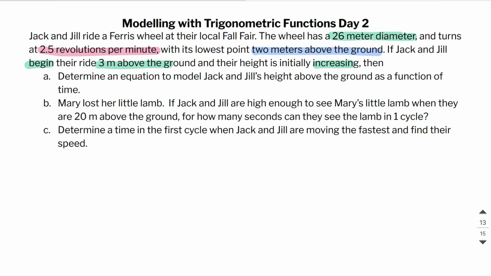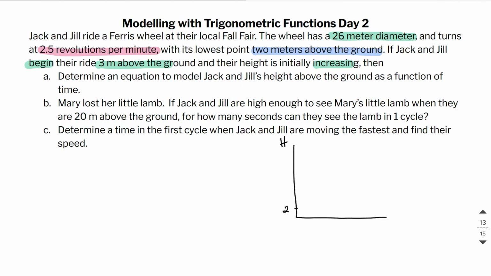So for starters, I just want to draw kind of like a rough sketch of what's happening here. So we know that the lowest point is going to be 2 meters above the ground. That's what this says right here. So if I were to look at the height right here, we'll label this H for height, just a rough sketch.